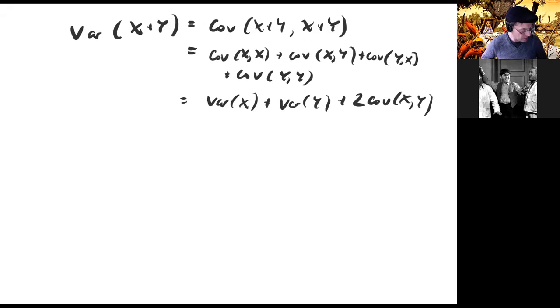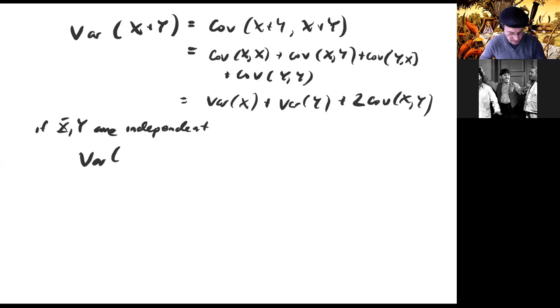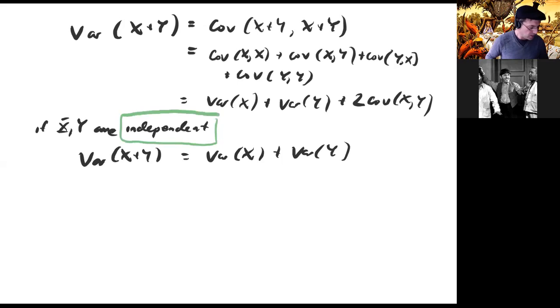So in particular, if x and y are independent, then the covariance of x and y vanishes, and we get that the variance of x plus y equals the variance of x plus the variance of y if they're independent. So you need to assume independence here. Okay, so that's cool. I like that. What other properties?